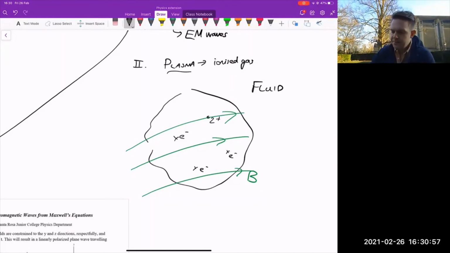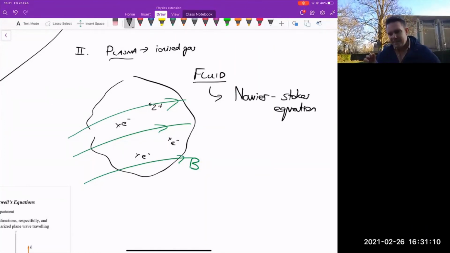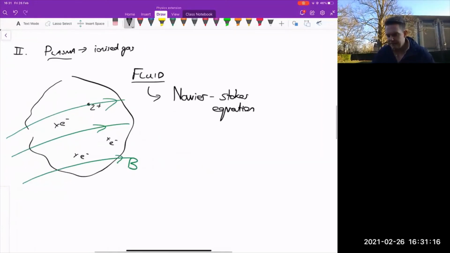Now, this is something that engineers will be interested in: fluids are described by the Navier-Stokes equation, which you can go away and look up. Maybe I'll do an extra session on that as well. But it's basically using Newton's laws, a classical description of fluids.